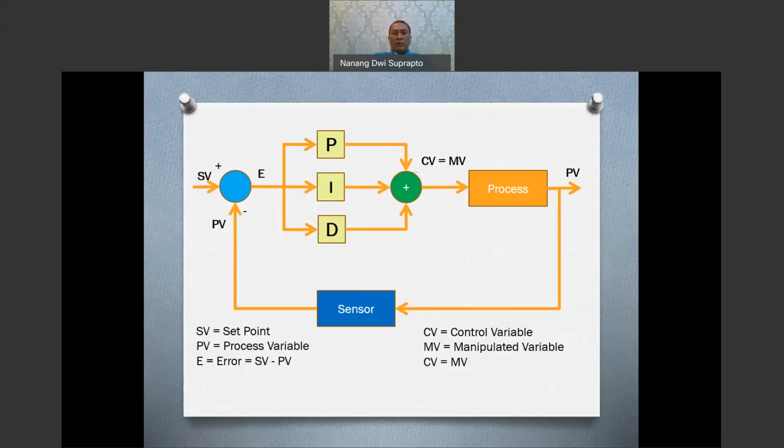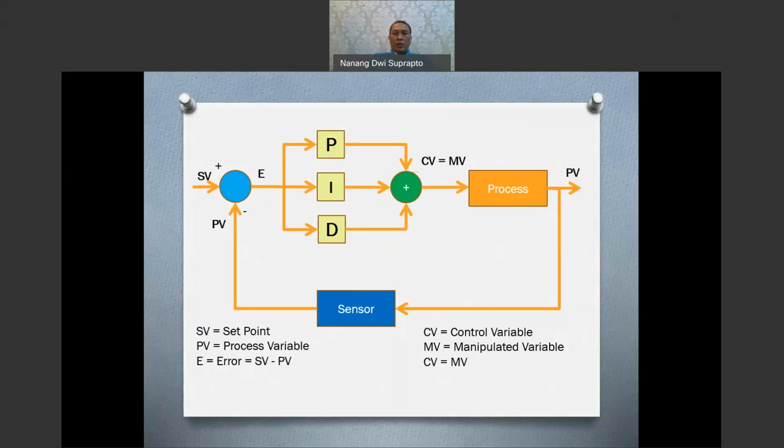I would like to simplify the diagram. SV set point, PV process variable, E error, which is SV minus PV. P proportional, I integral, D derivative.